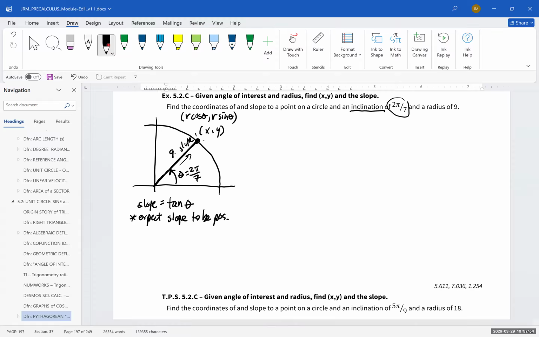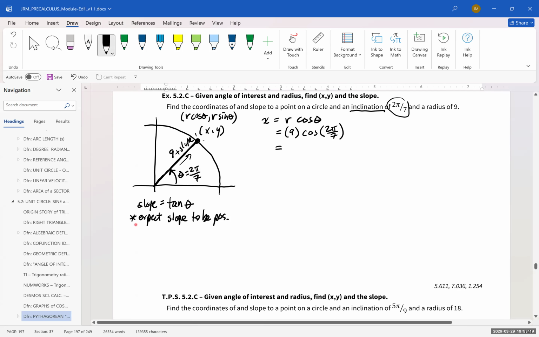So this should be a positive slope. Well, let's figure out what our x coordinate is going to be. That's r cosine theta. R is 9, and we're doing the cosine of 2 pi over 7.